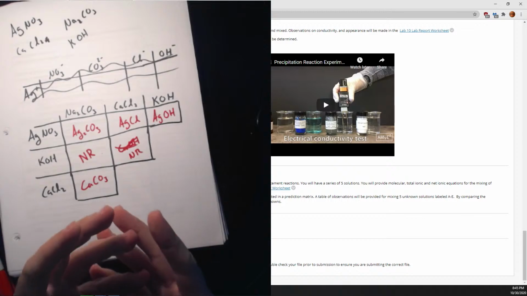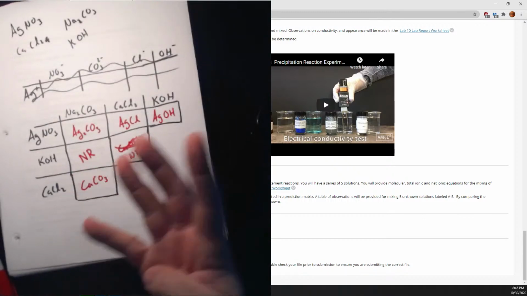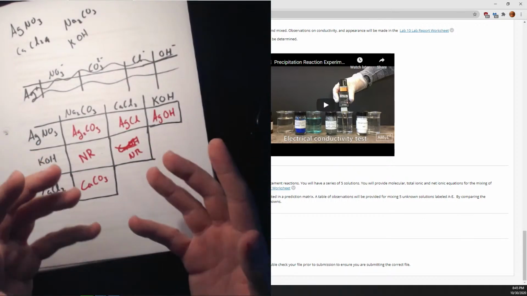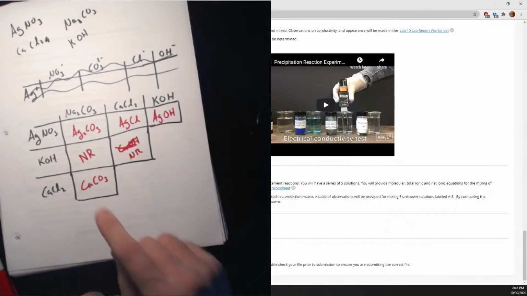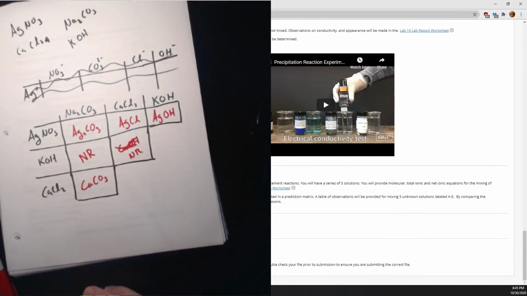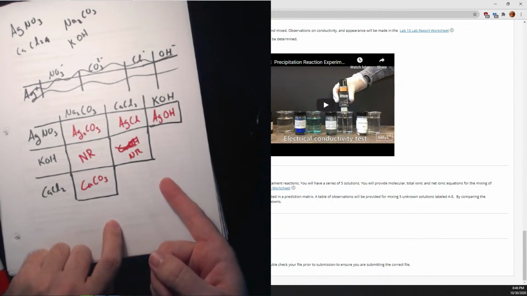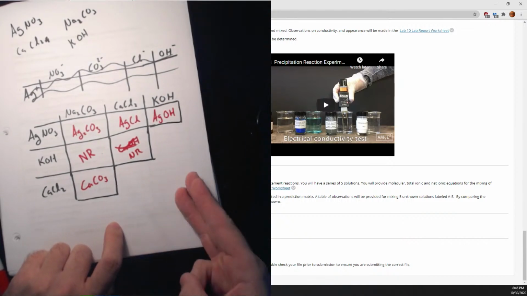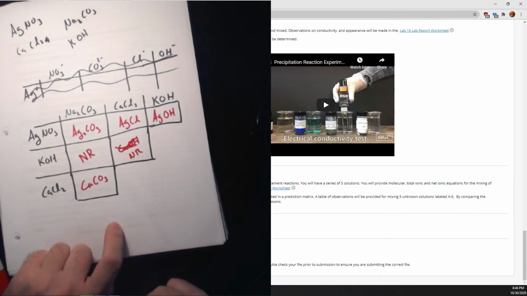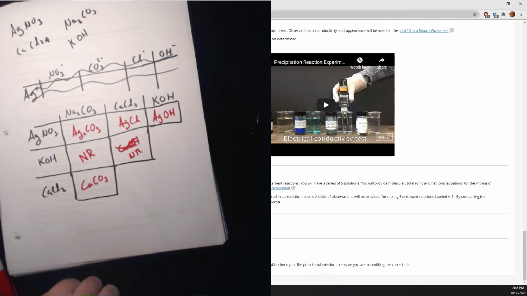And so what you would then do is you would actually have a collection of, in this case, 4 solutions, and you wouldn't know what was in them. You would test them against each other, A, B, C, and D, and you would then conclude, well, A has got to be this one, and B has got to be this one, and C has got to be this one, and D would have to be this one.